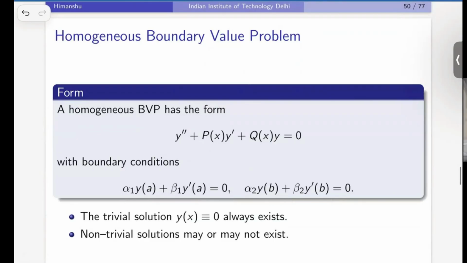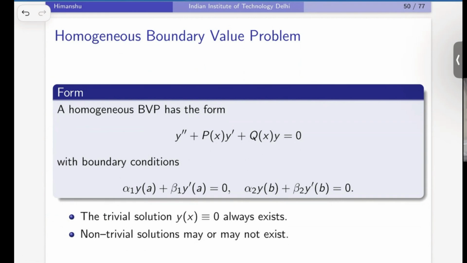Now let's define it more properly. A homogeneous boundary value problem has the form y double dash plus p(x)y dash plus q(x)y equals 0, again with right-hand side 0, with the boundary conditions alpha 1 y(a) plus beta 1 y dash(a), alpha 2 y(b) plus beta 2 y dash(b) equals 0.